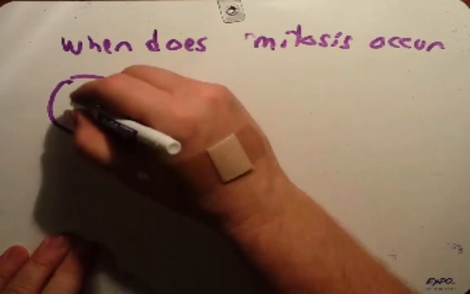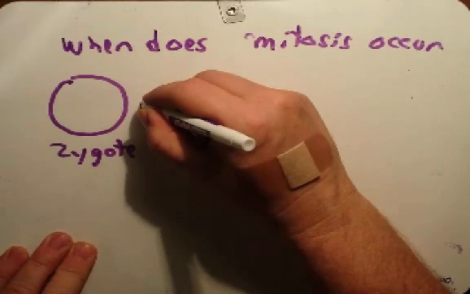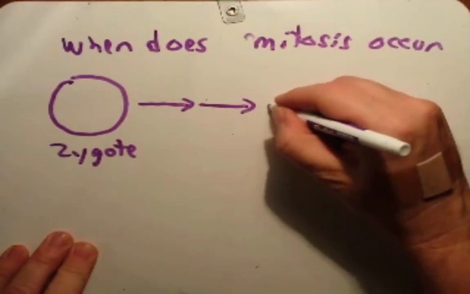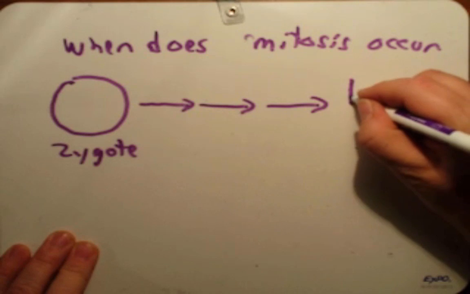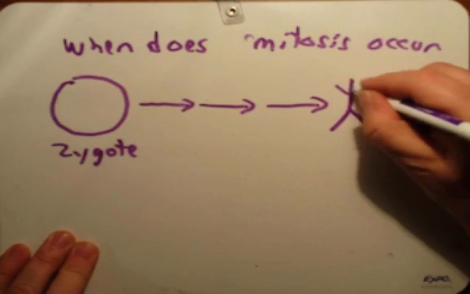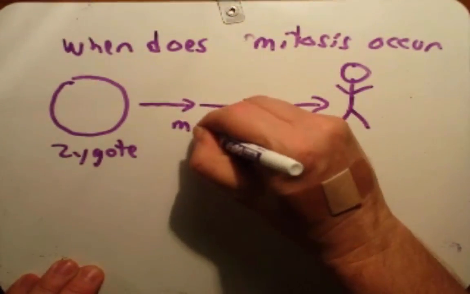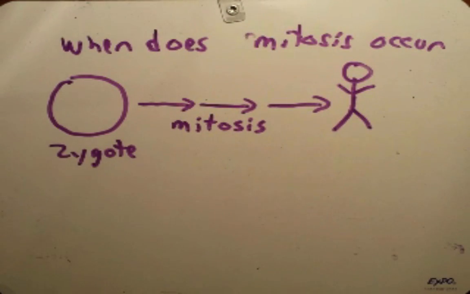Because you have your one-celled zygote here, a fertilized egg, and it will grow and continue to grow and continue to grow until you have a child and then ultimately an adult, right? So you go from one cell to trillions of cells, and this is all because of our good, reliable friend mitosis.